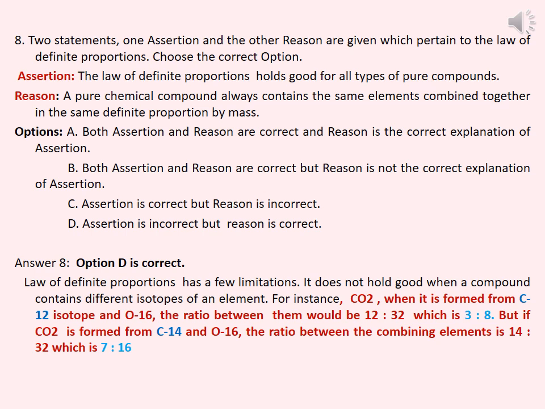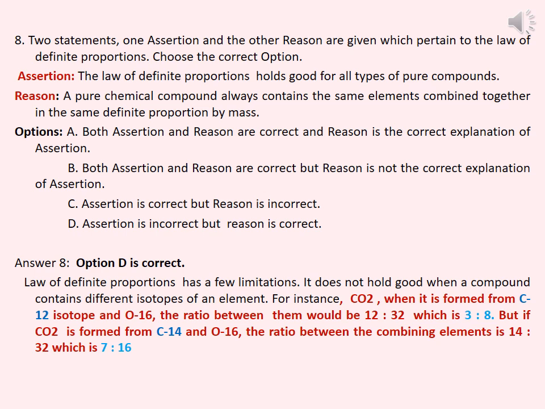Now, why is this assertion statement incorrect? Why does the law of definite proportion not hold good for all types of pure compounds? This is because when a compound contains different isotopes of an element, the elements are the same, but their atomic masses are different, then the law of definite proportion fails in such cases.